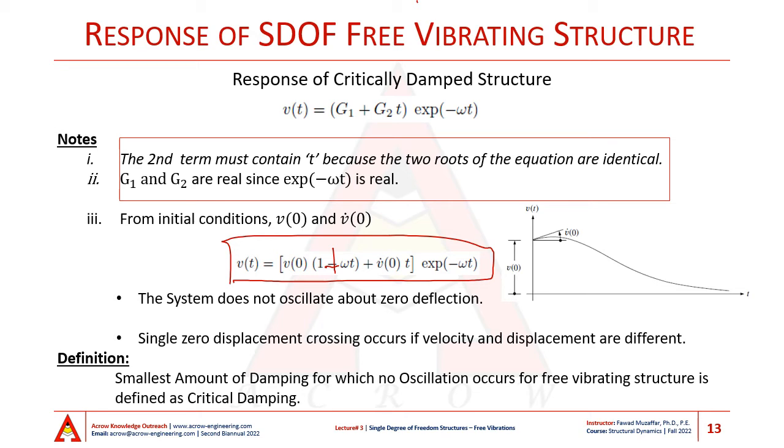If the velocity and displacement have the same direction, then this will never cross the point of equilibrium. But if they are opposite in direction, so for example, if we have something like this, it will cross it only once.